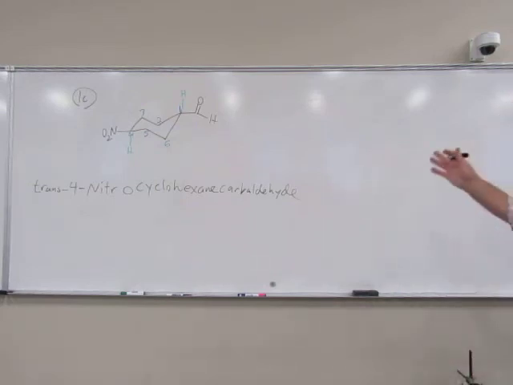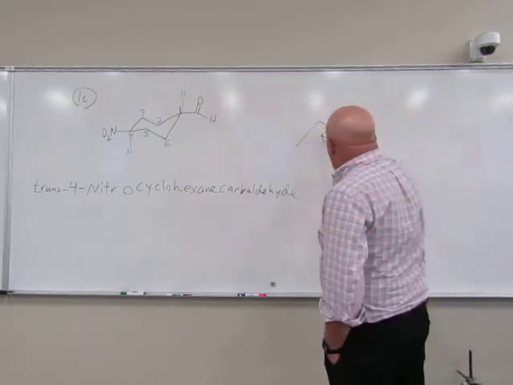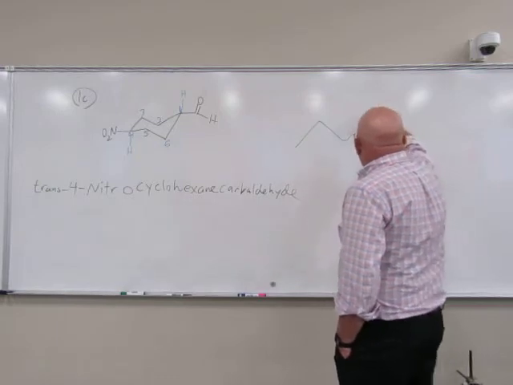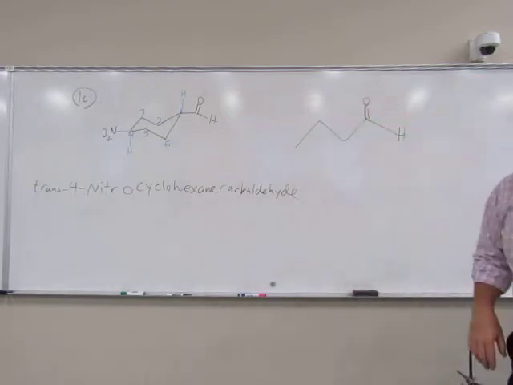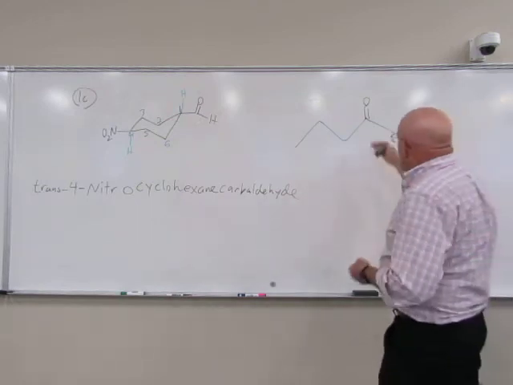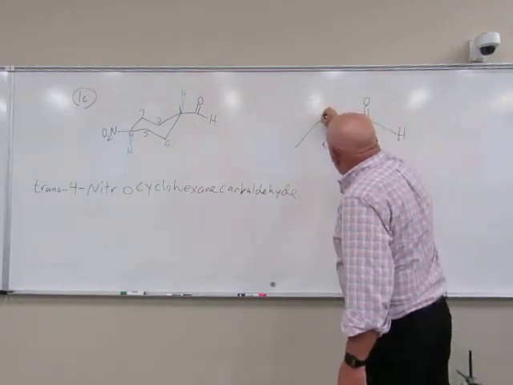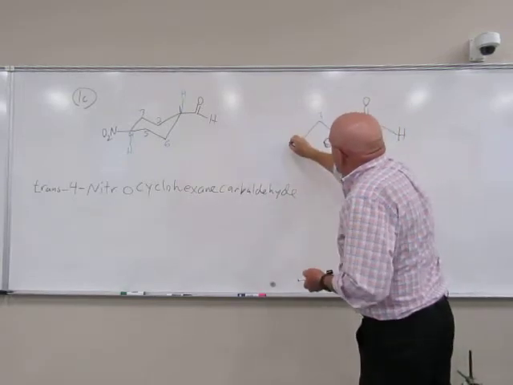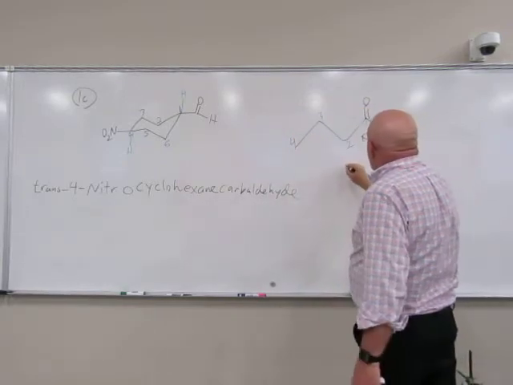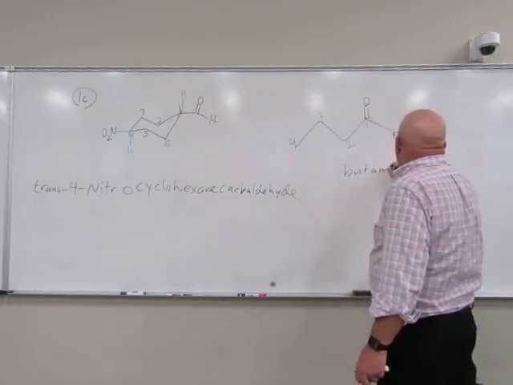Now that's how we deal with an aldehyde directly attached to a ring. Any other aldehyde, something like this, where it's in a chain, we just simply number the chain. Four carbons as an alkane is butane.